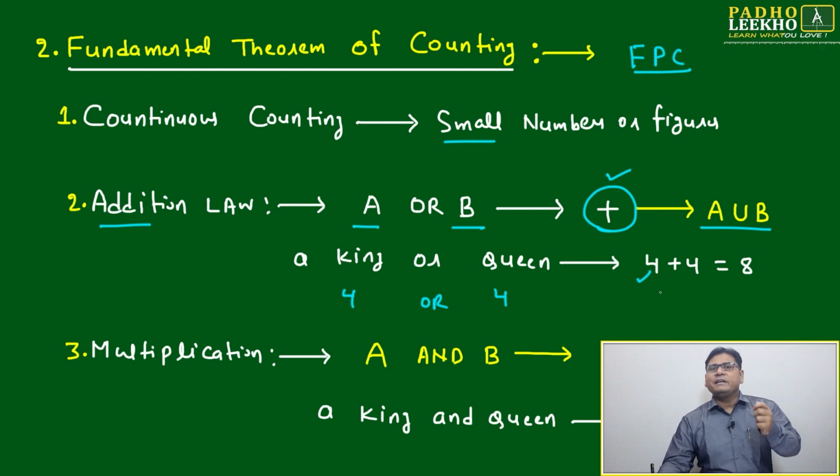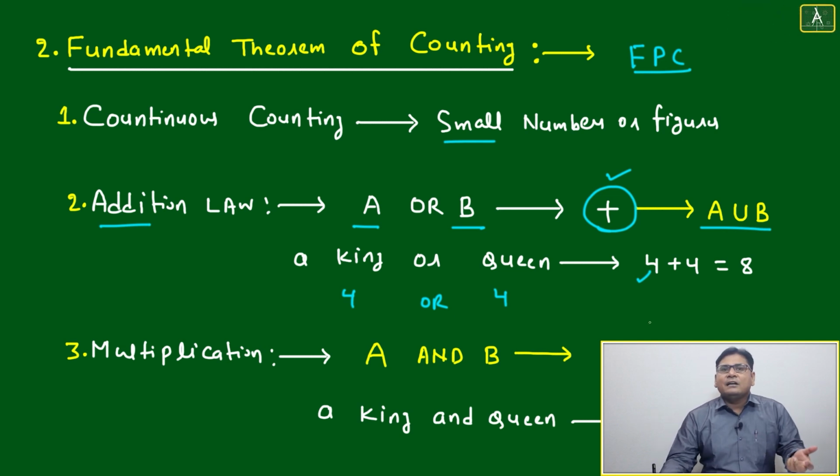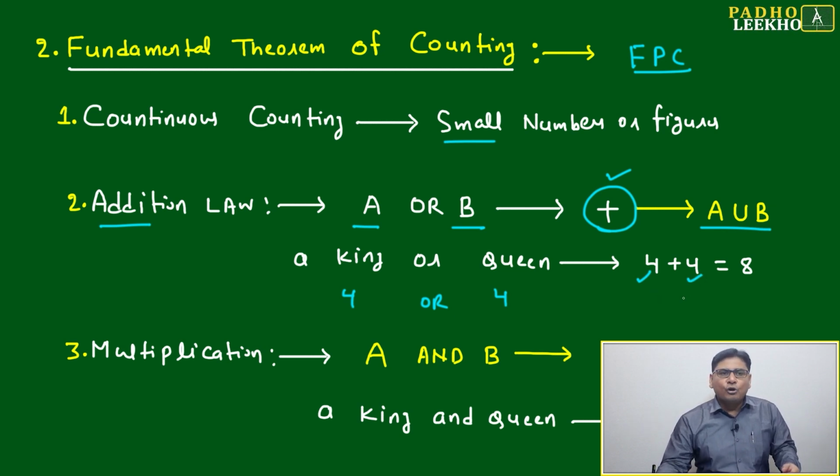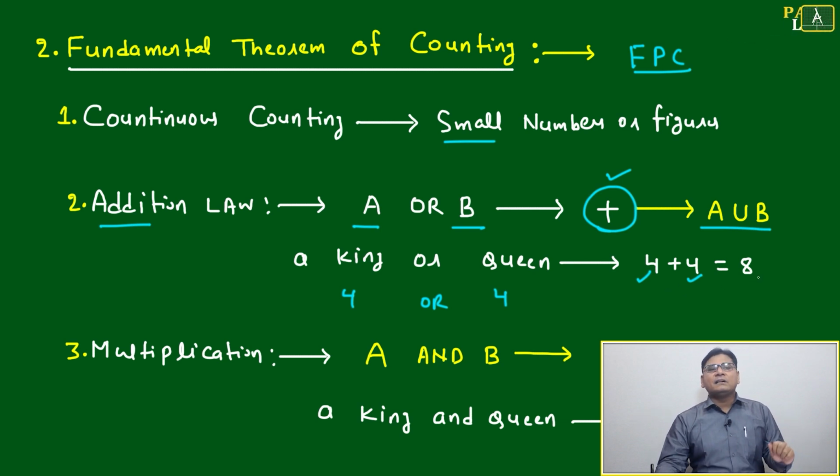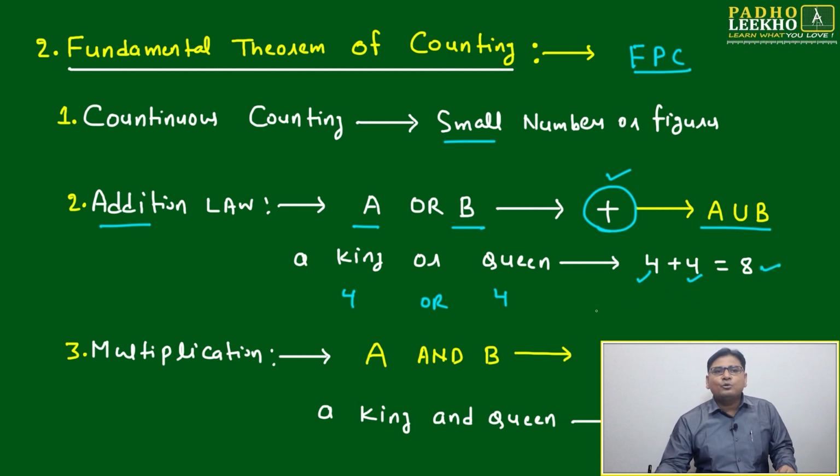Either heart or maybe diamond, or any of the four suits. We have to select any one, so 4 methods. Similarly, out of 4 queens, we select any one queen, so 4 methods. Then 4 plus 4, total 8 methods to select A or B, or a king or queen.